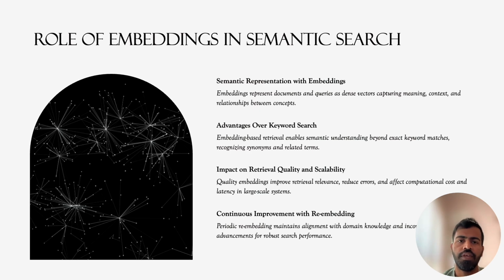So we can match synonyms, paraphrases, and conceptually related terms, which is critical in enterprises where terminology varies across teams and documents. High-quality embeddings help the vector store retrieve conceptually meaningful chunks, not just textually similar ones.